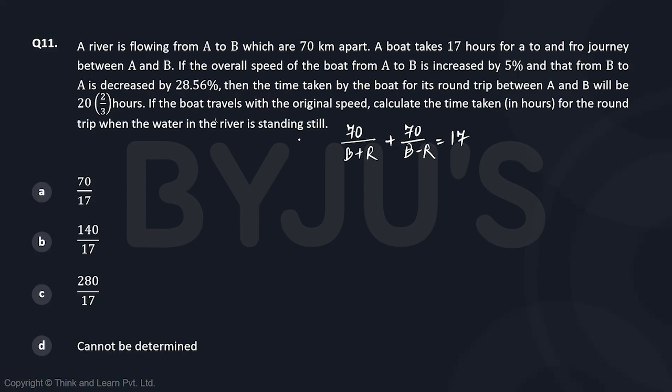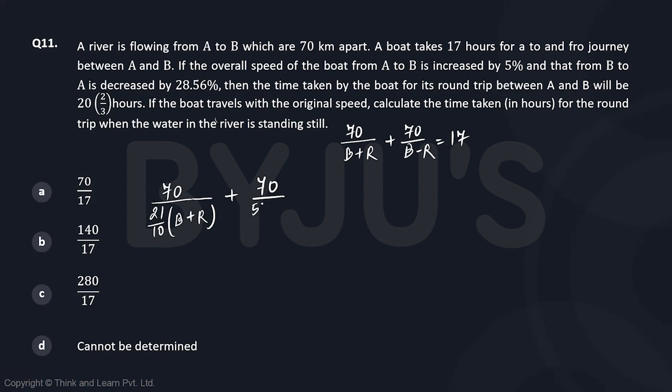If the overall speed of the boat from A to B is increased by 5%, this is 105 by 100, which is 21 upon 20. So this one will become 21/20 (B plus R), and the overall speed is decreased by 28.56%. 28.56% is 2 by 7.